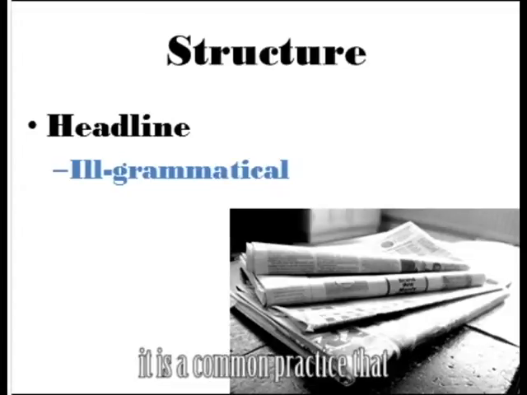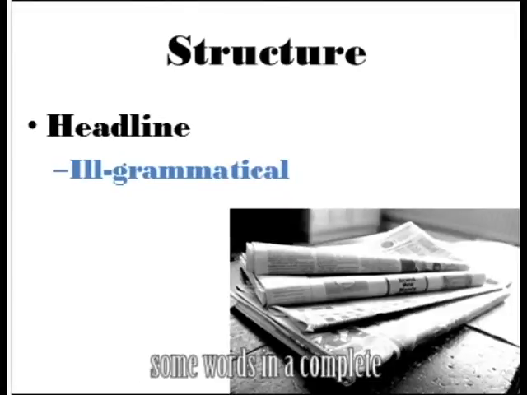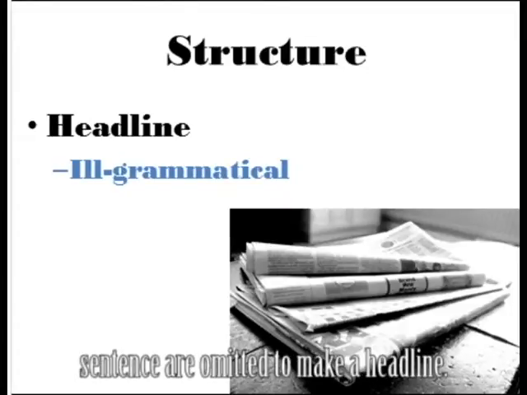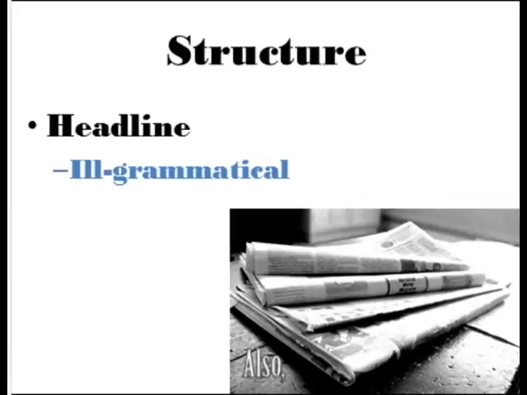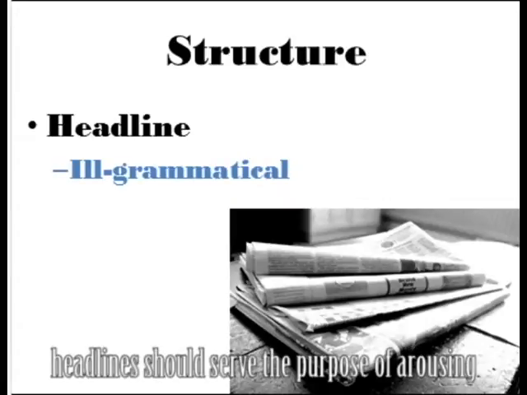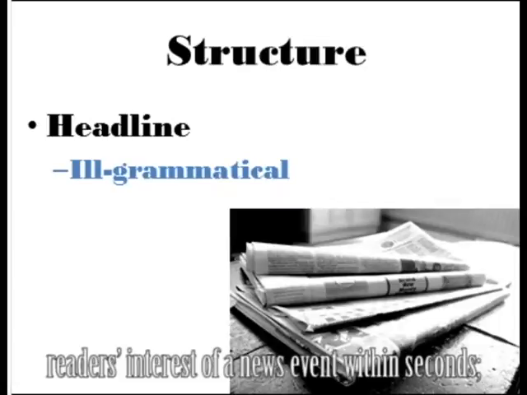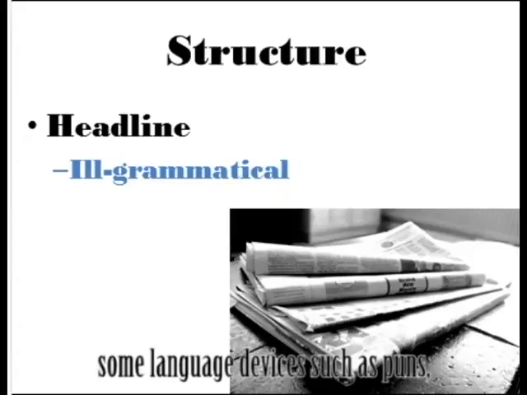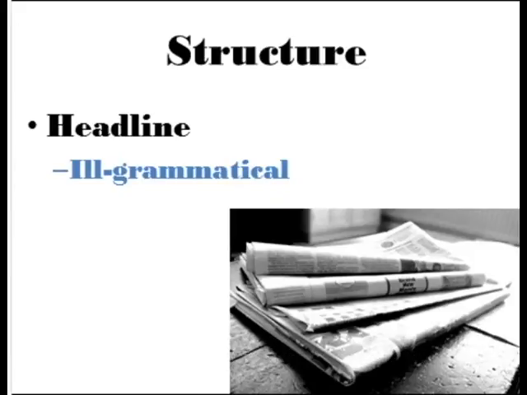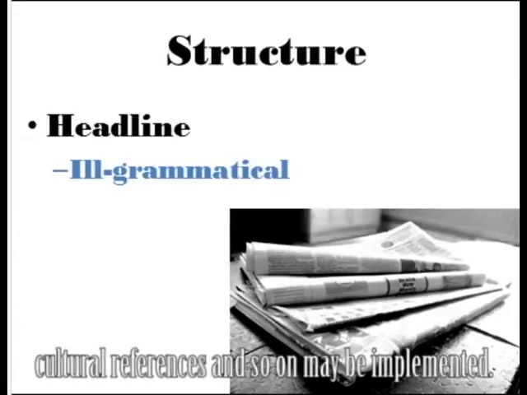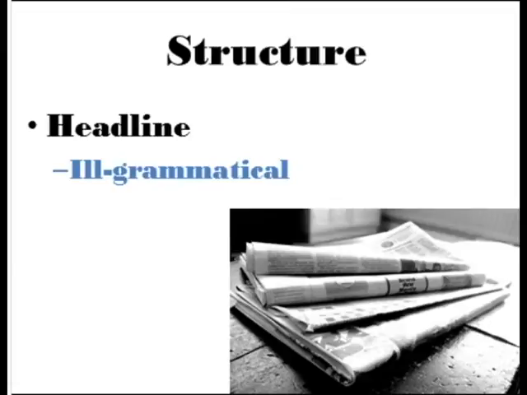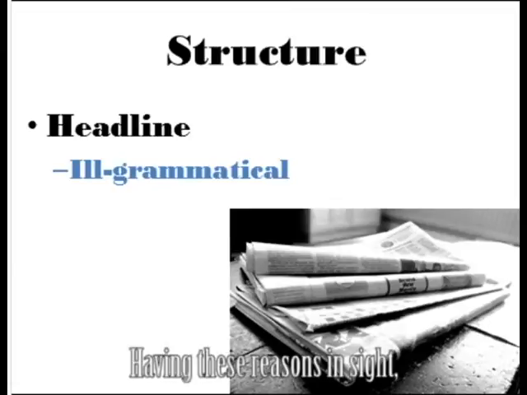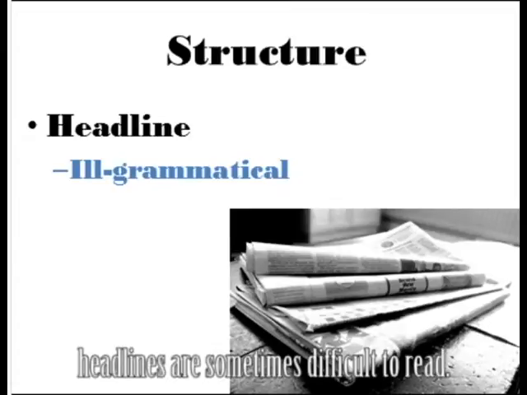Therefore, it is a common practice that some words in a complete sentence are omitted to make a headline. Also, headlines should serve the purpose of arousing readers' interest of a news event within seconds. To achieve this effect, some language devices such as puns, slangs, alliterations, cultural references, and so on may be implemented. Having these reasons in sight, headlines are sometimes difficult to read.